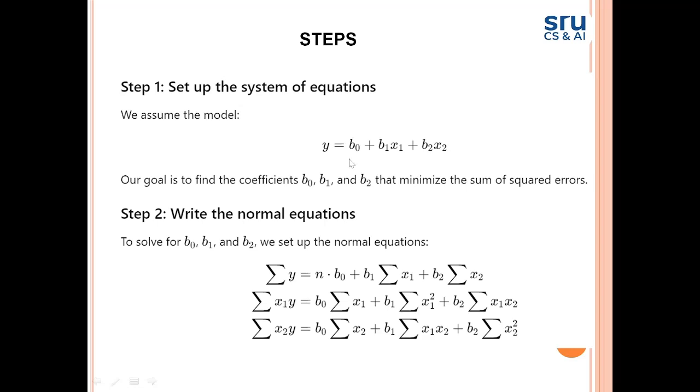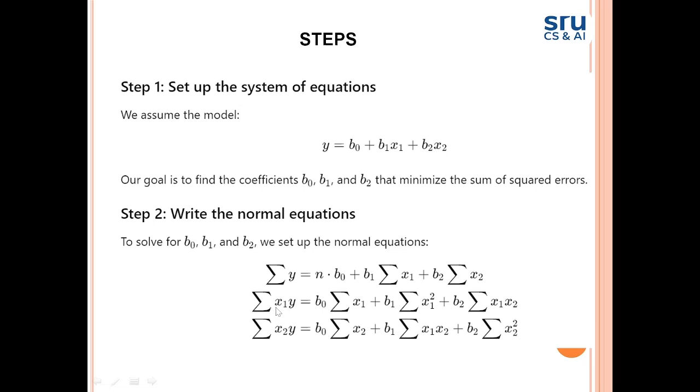We set up the normal equations. We take a summation of both sides. Here the summation of y will come as n times beta naught, where n is the number of data samples, plus b1 into summation of x1 plus b2 into summation of x2. Then we multiply this equation by x1.